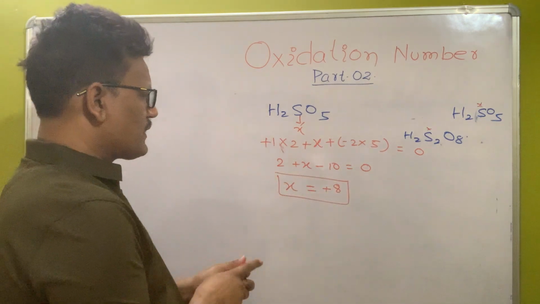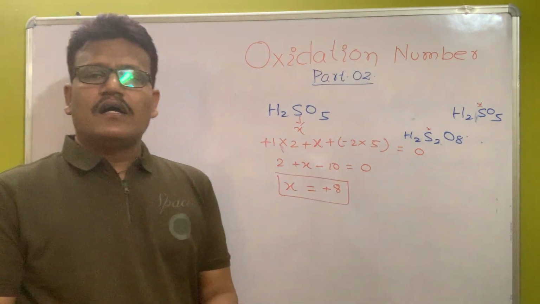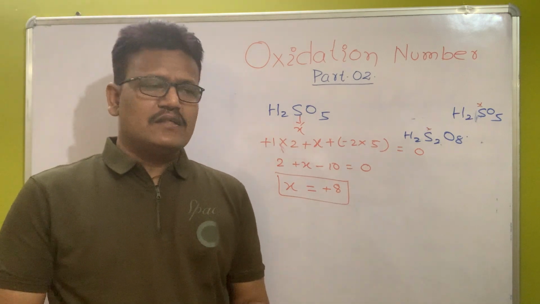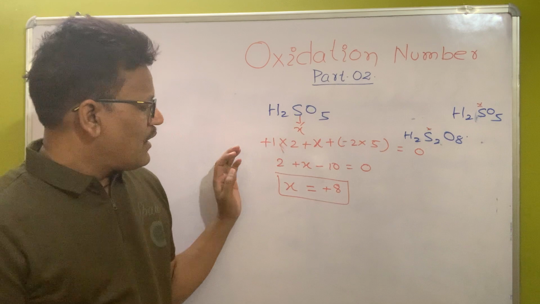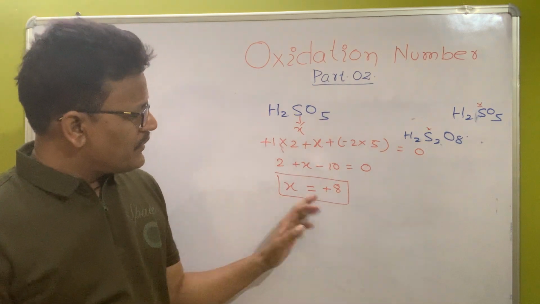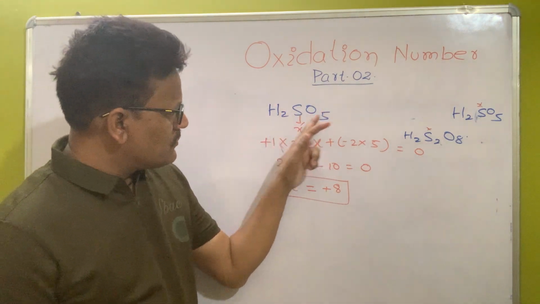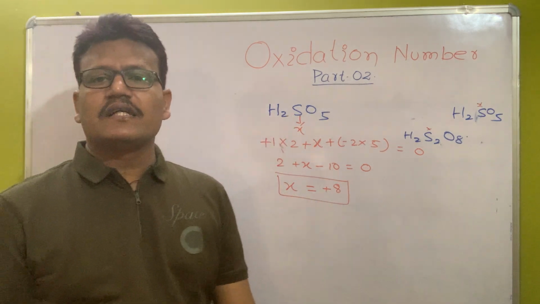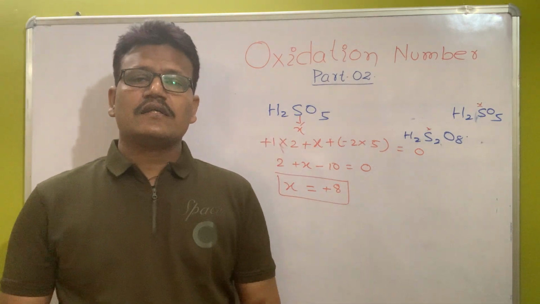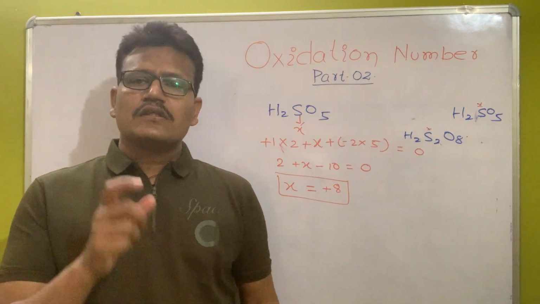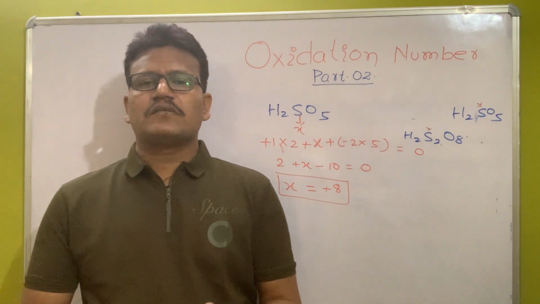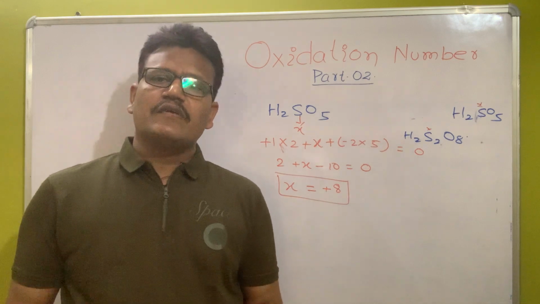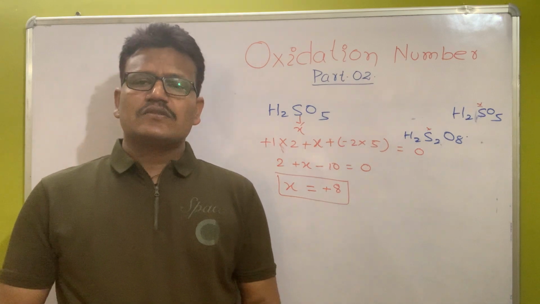So after calculating, in the case of H2SO5 we get the oxidation number of sulfur as +8, which is not correct, because you know the maximum oxidation number of sulfur is +6. It can never be +7, +8, +9.